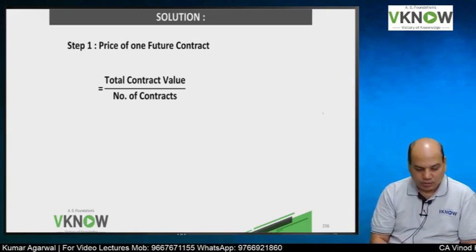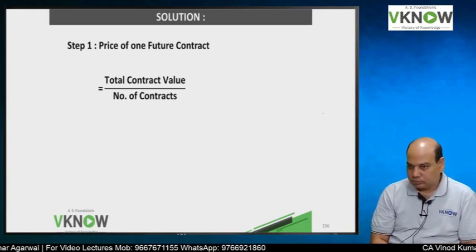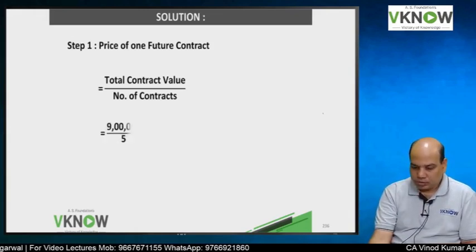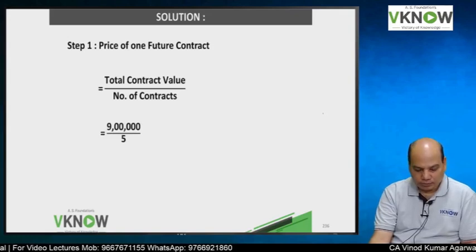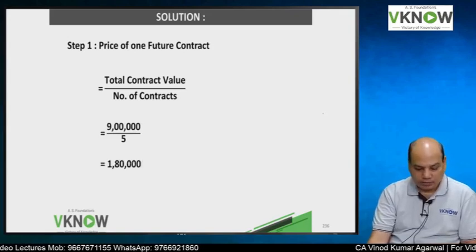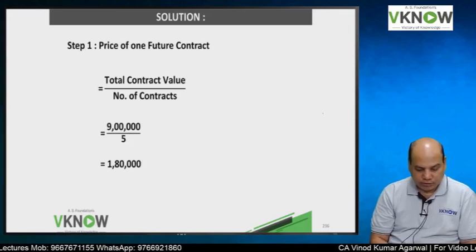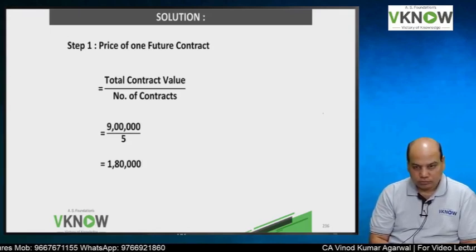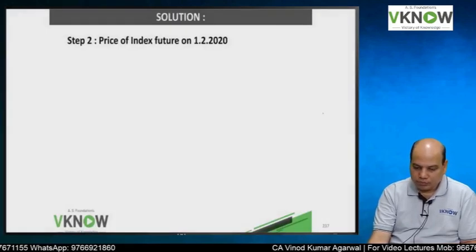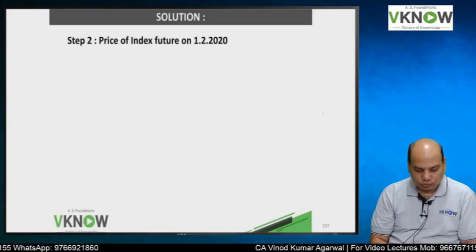You will solve and give me the answer. 9 lakh divided by 5. 1,80,000. Is it right now? Right. Now next step 2.